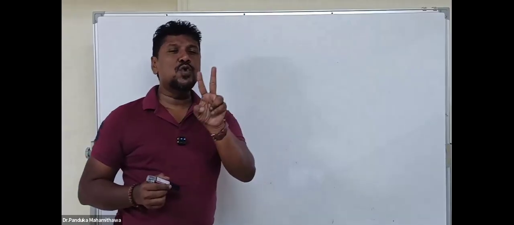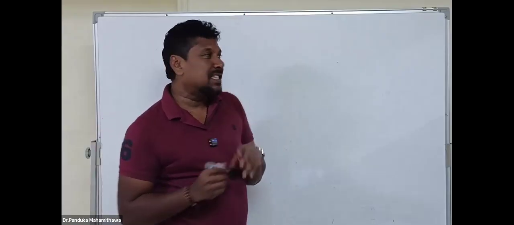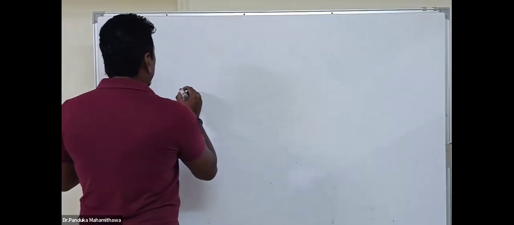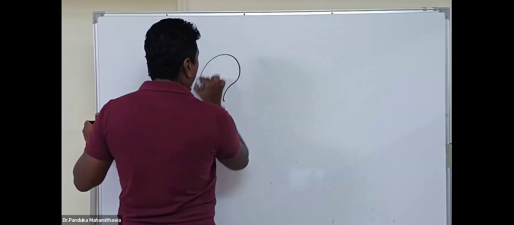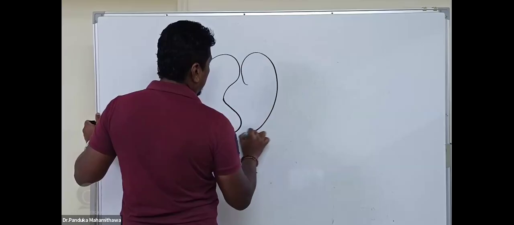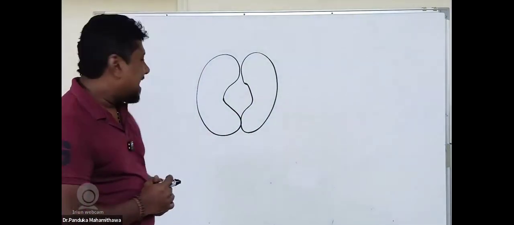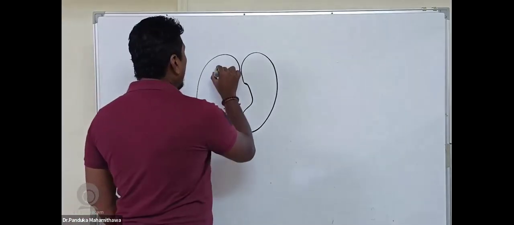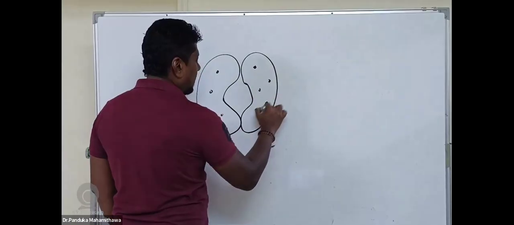So you have two guard cells. These guard cells are bean shaped, right? Like a bean. These are the two guard cells, and they have the chloroplasts, right?